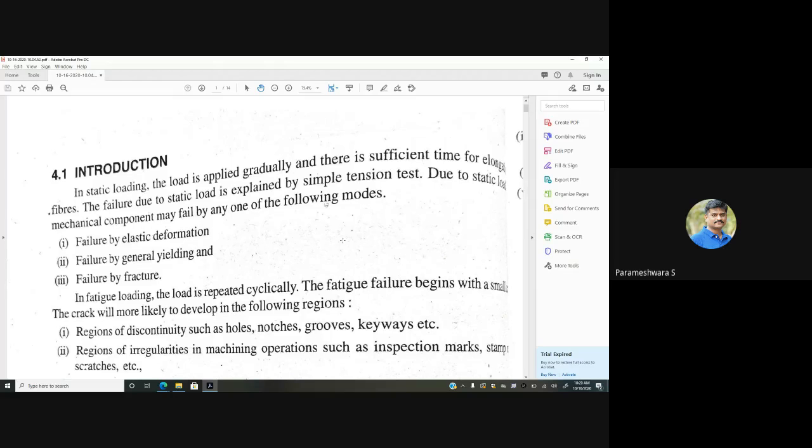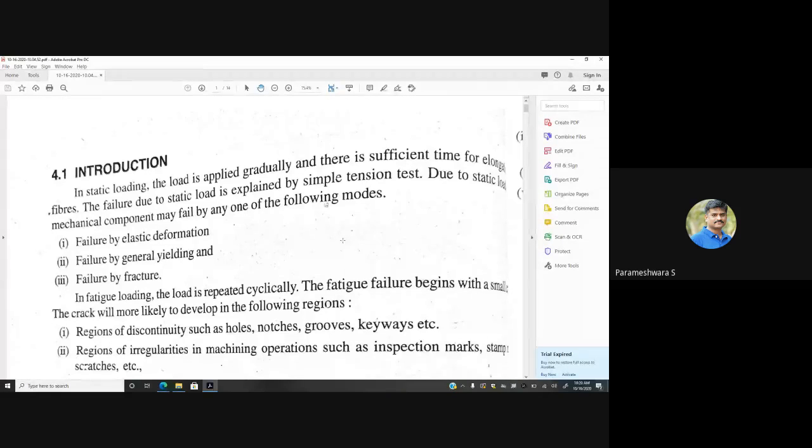Under static load, we have designed machine components subjected to compressive load, tensile load, torque, bending moment, likewise. From this chapter, we'll understand how a fatigue load has an impact on the design of machine components. So I will discuss the introduction to fatigue load.